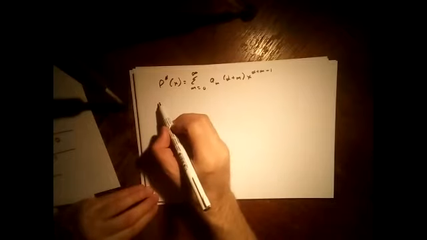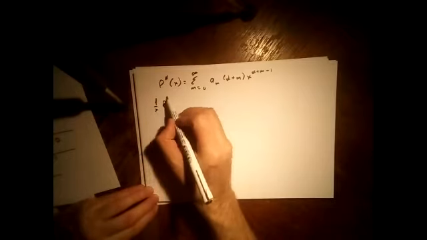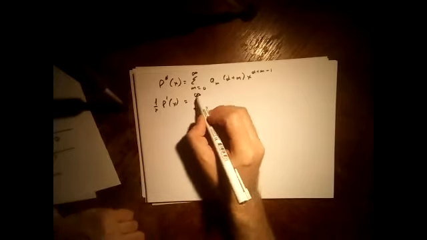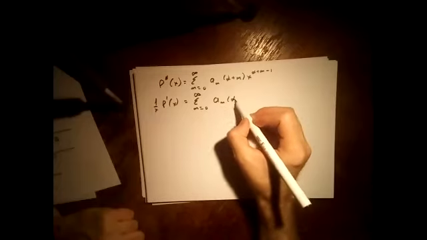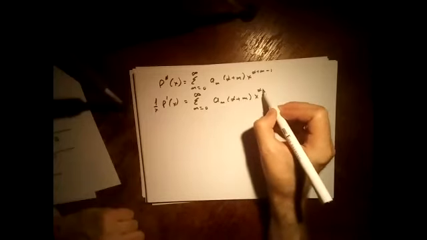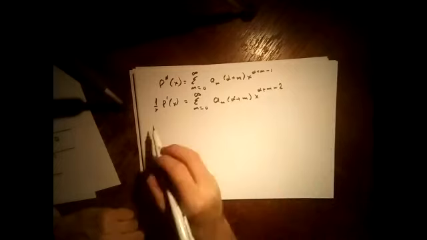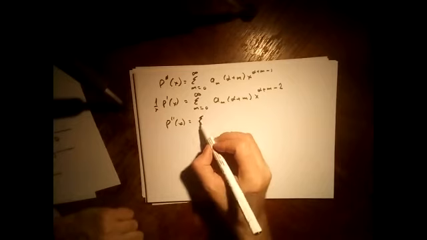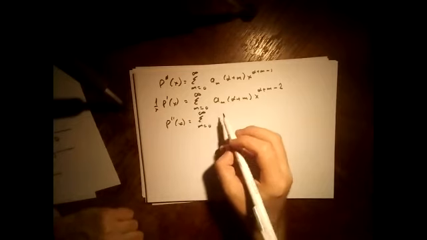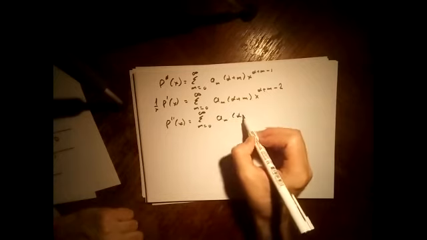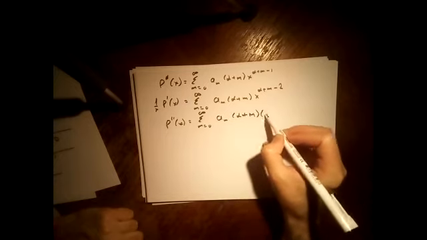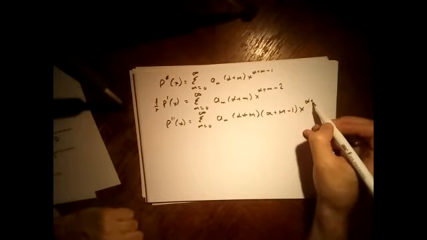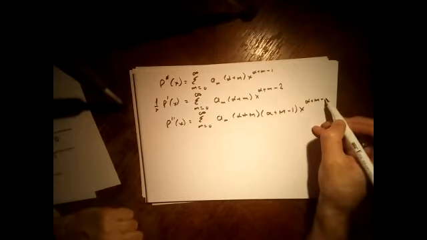We're going to need 1 over x p prime of x, which is the sum of a_m (alpha plus m) x to the alpha plus m minus 2. And then we also need the second derivative to make everything complete: a_m (alpha plus m)(alpha plus m minus 1) x to the alpha plus m minus 2.